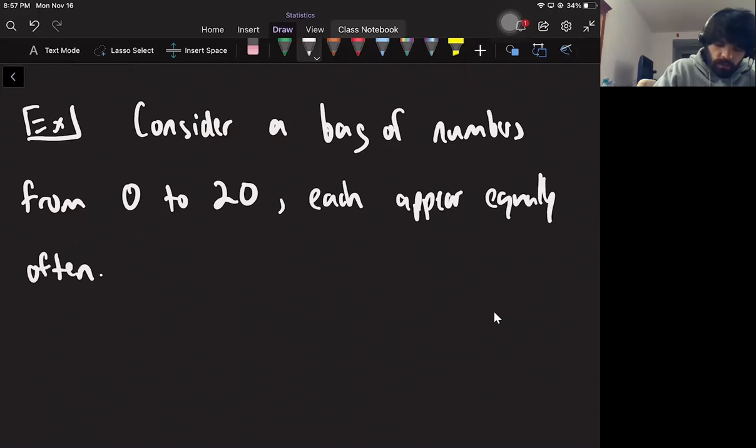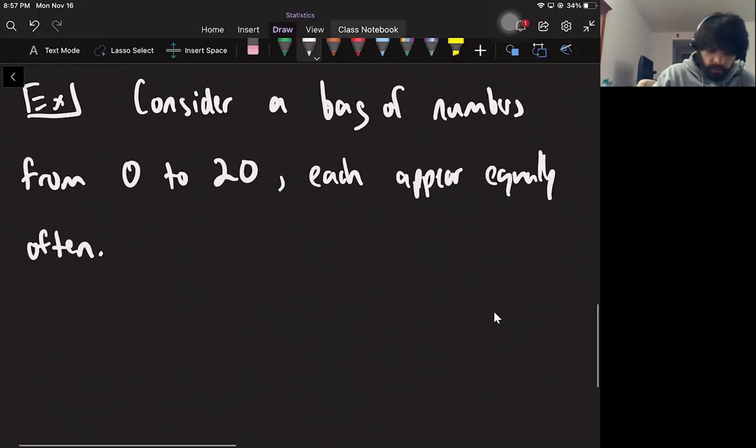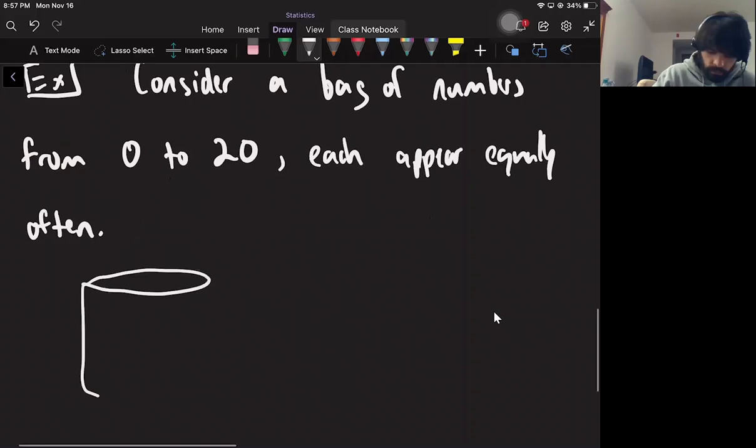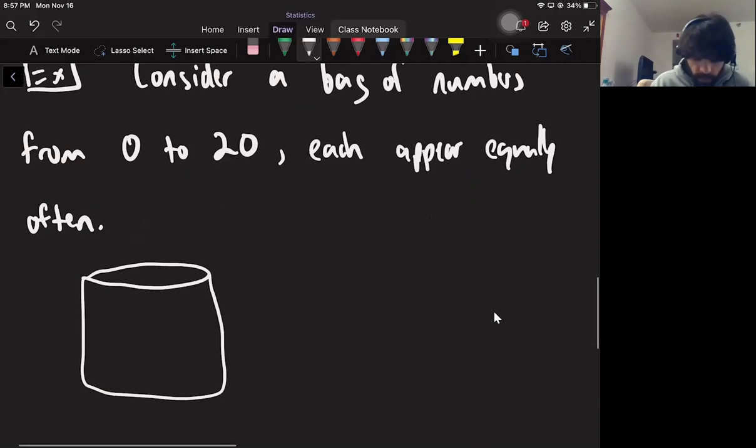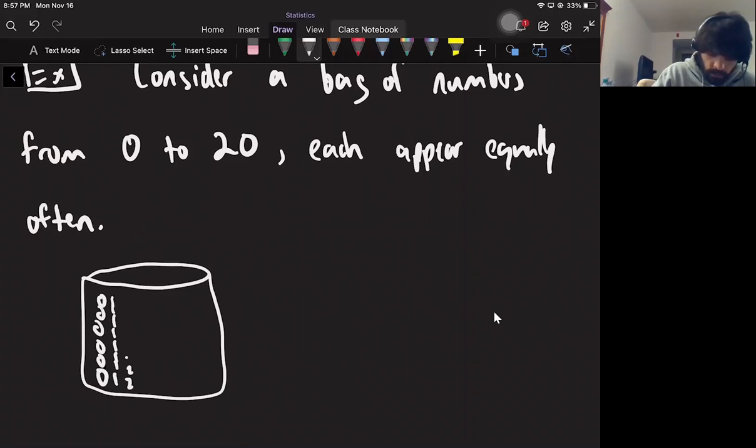If you want to think about it, I guess it's more of a barrel than a bag. You could think about it like there's 100 of each number. There's a bunch of zeros, a bunch of ones, a bunch of twos, and so on. They all appear equally often, but they're all mixed together.